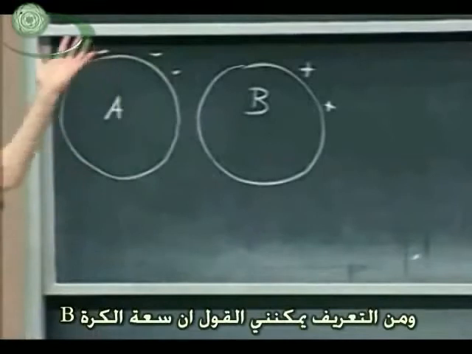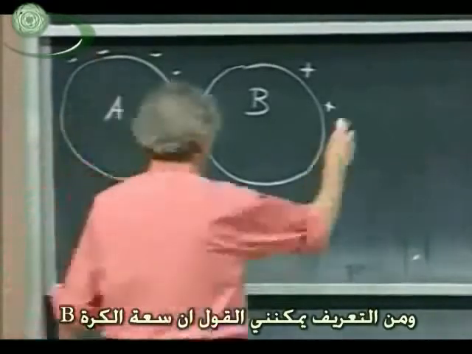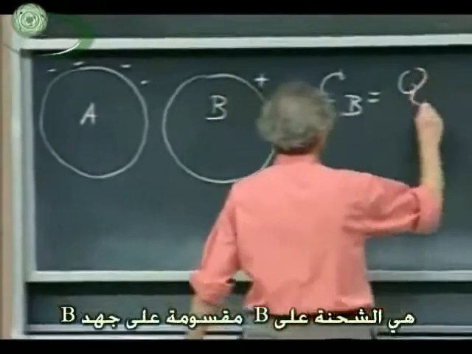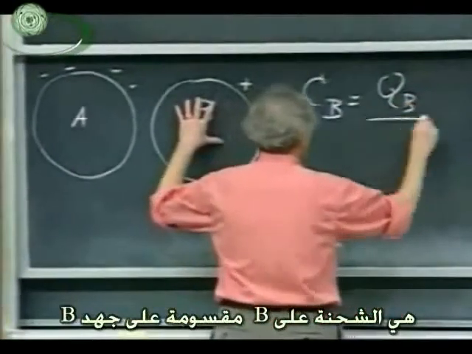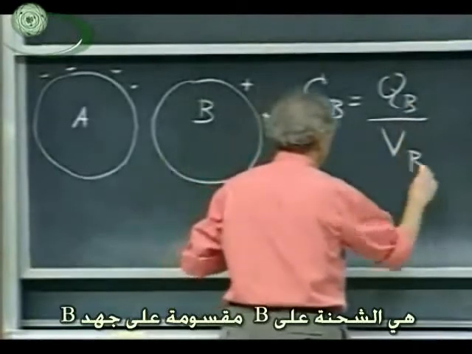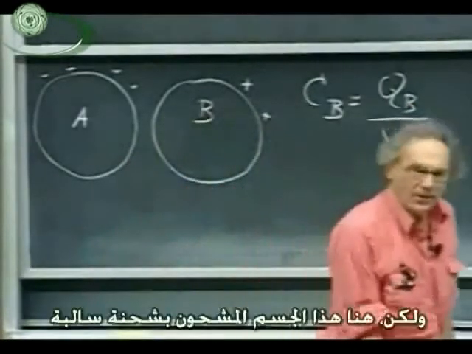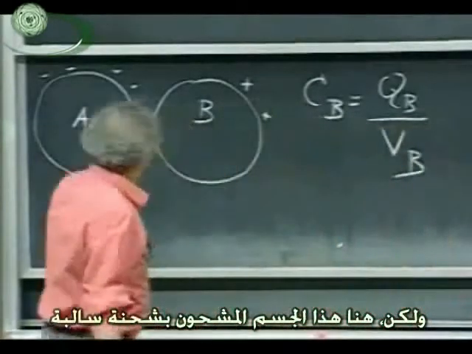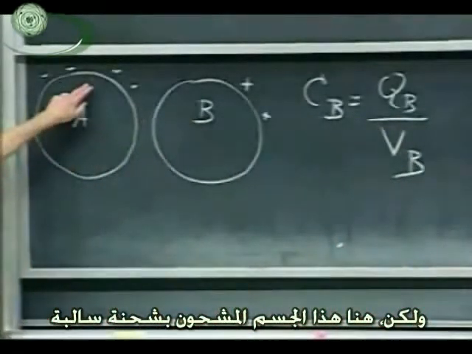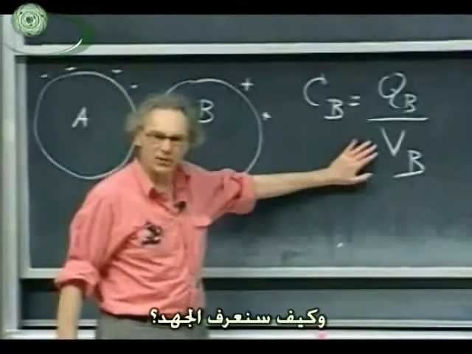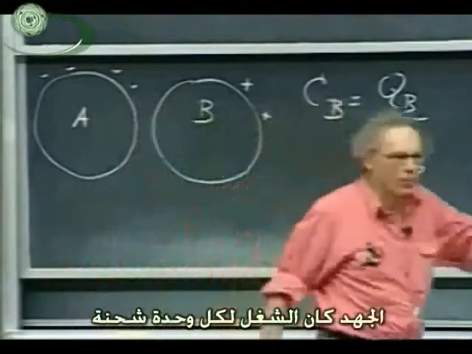And so, by my definition, I can say that the capacitance of B is the charge that I have on B divided by the potential of B. That would be my definition. But there is here this object which charges negative. And how did we define potential?